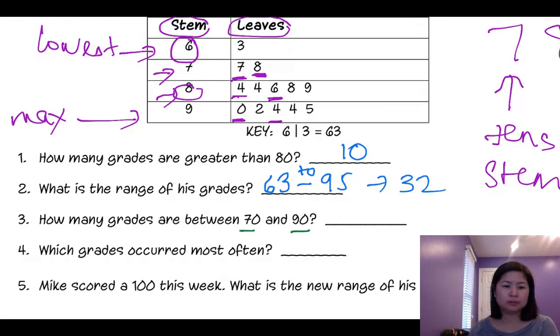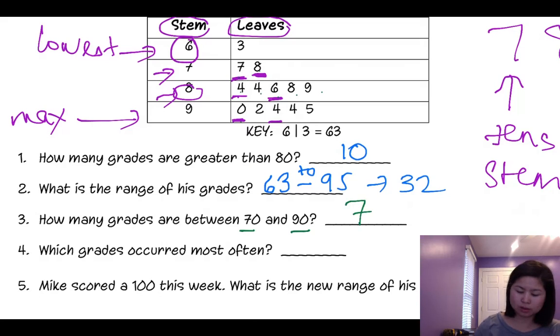Okay, we have 12, we have 7, 7, okay, 7. So keep in mind we don't count the 70 and we don't count the 90 because this is in between. We got all 7. So that's good. We're going to count 1, 2, 3, 4, 5, 6, 7. We don't count the 90. So this is 7. Good.